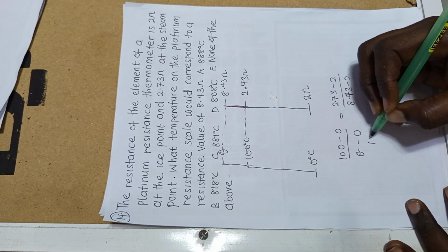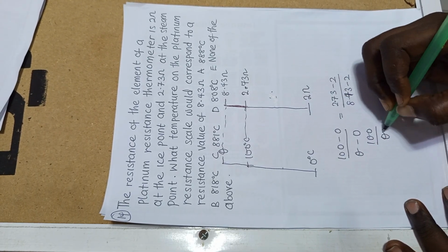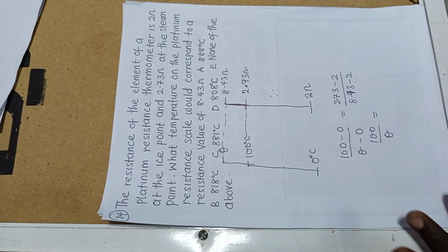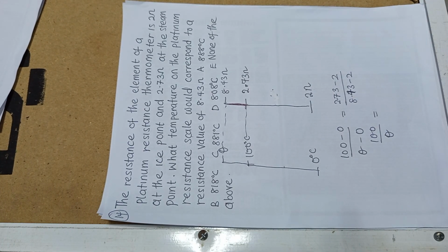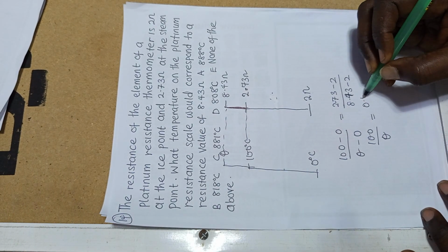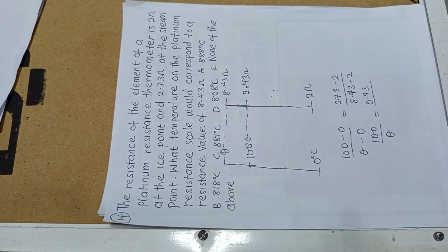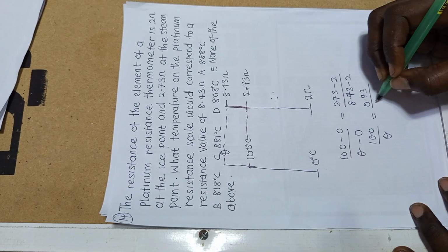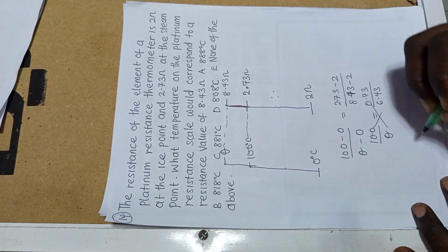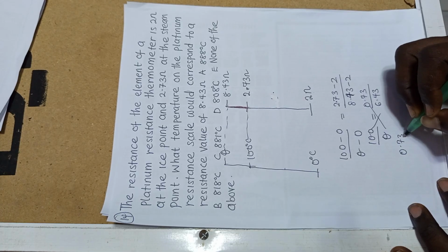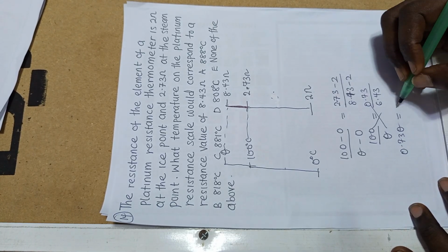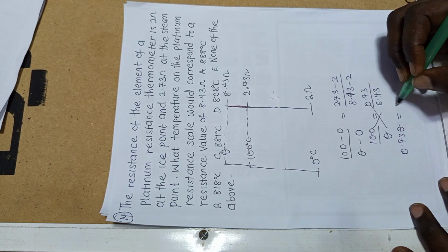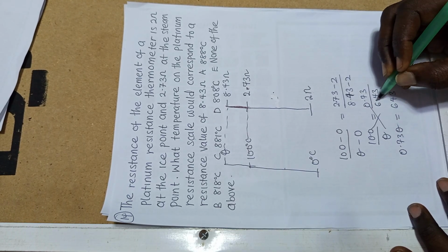So 100 over theta equals 2.73 minus 2, which gives us 0.73, divided by 8.43 minus 2, which is 6.43. You cross multiply. I would have 0.73 theta equals 643.